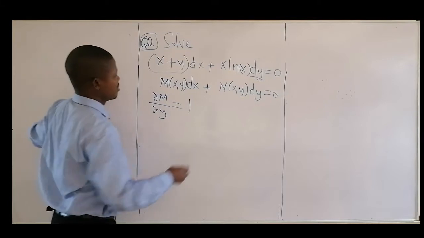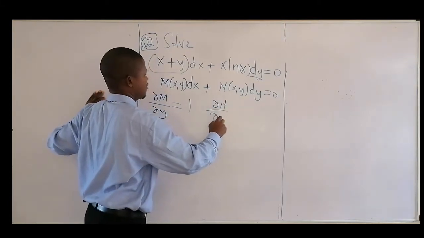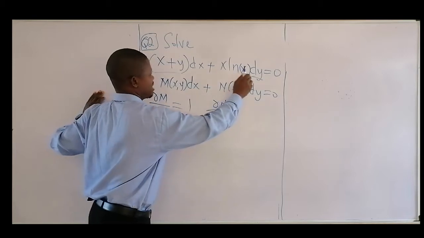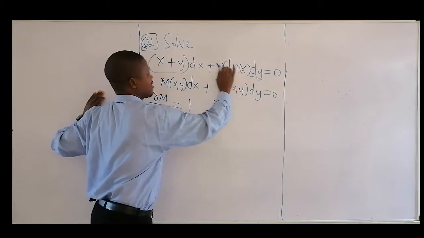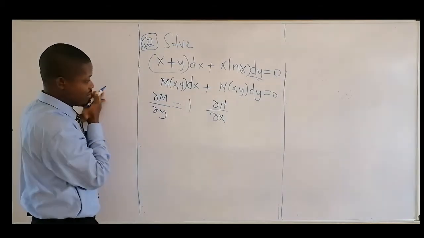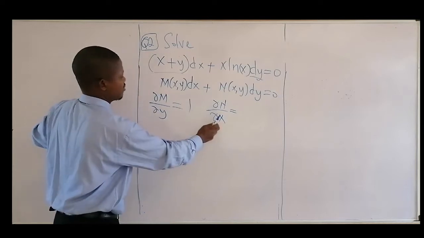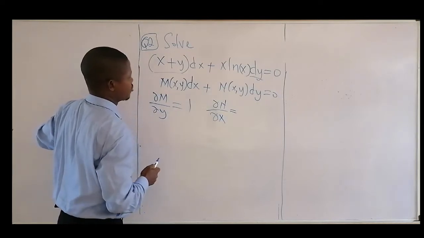That's one. Then your N, partial differential of that with respect to x, the one that has the dy attached, that's your N. If you do the differentiation with respect to x partially, that will be product rule.